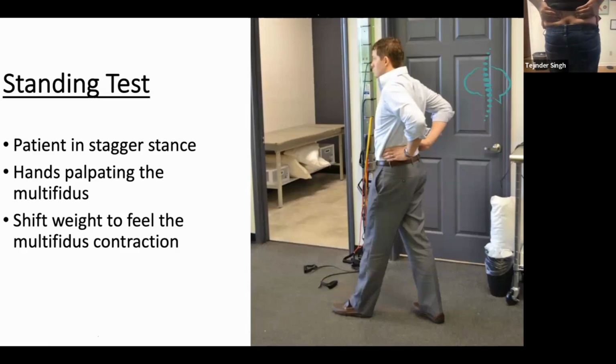Shifting weight, you should feel it on the rear leg side. If you're coming back, you should feel it on the right side. Moving forward, you should feel it on the right side. The patient is kicking on multifidus. You can start with L5S1 and keep going up. Keep going up, and you can segmentally check.